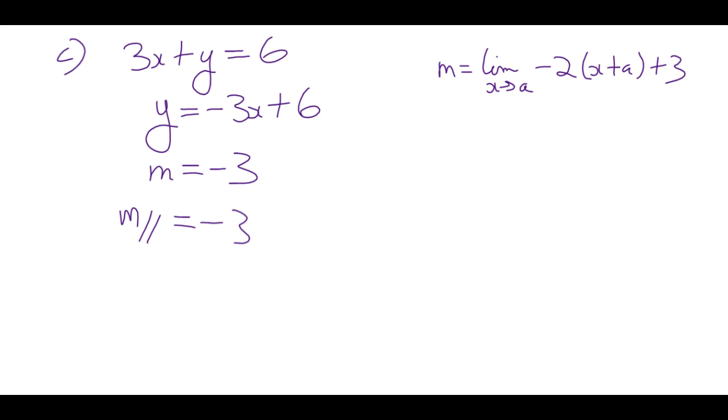Okay, so that means we want the limit as x approaches a, x is going to be a, and we want to figure out the value of a. We've got to solve this. We want the slope to be negative 3, so that they're parallel.